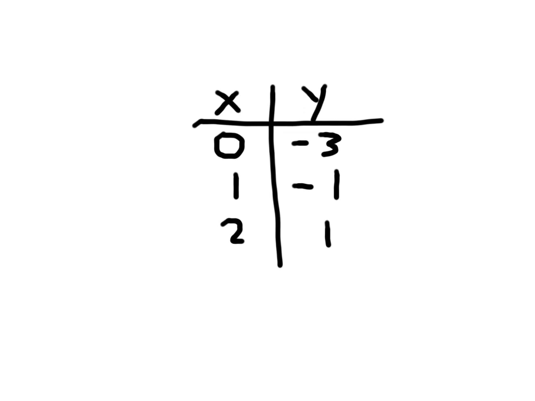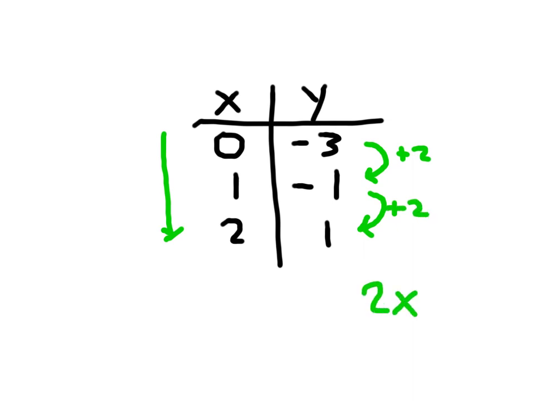Here's another function table where we're asked to find that equation. And again, we'll do something similar in that we'll notice this is 0, 1, and 2 again, meaning that we can look for a pattern here. Going from one to the other, it looks like we're adding 2 each time, or going up by 2 each time, meaning that we have to have 2x somehow involved in our equation.